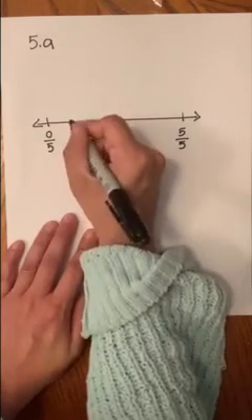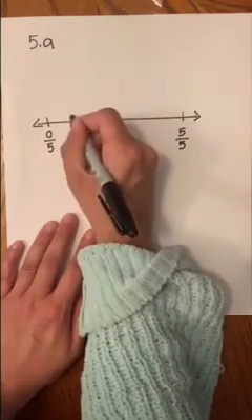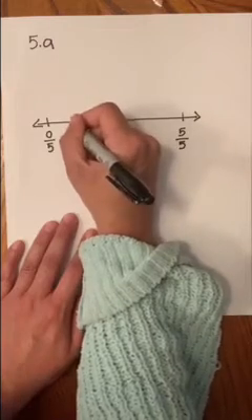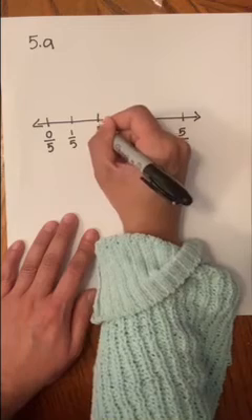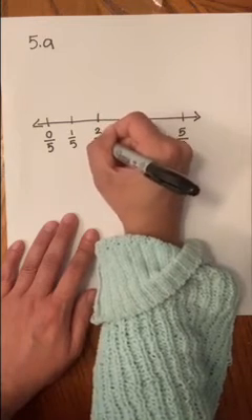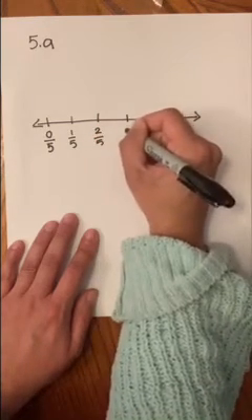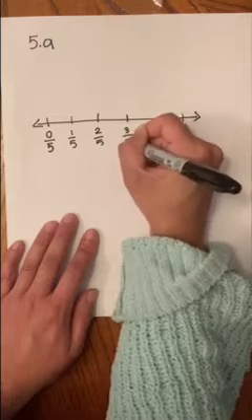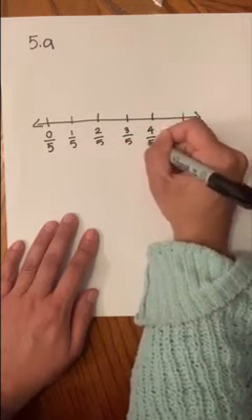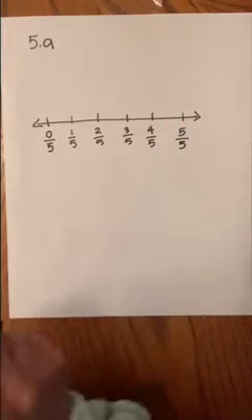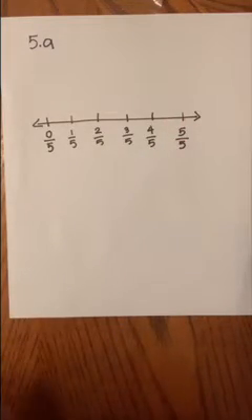And now I can go in and fill in my number line. I could say this is 1/5, 2/5, 3/5, 4/5. Agree or disagree?